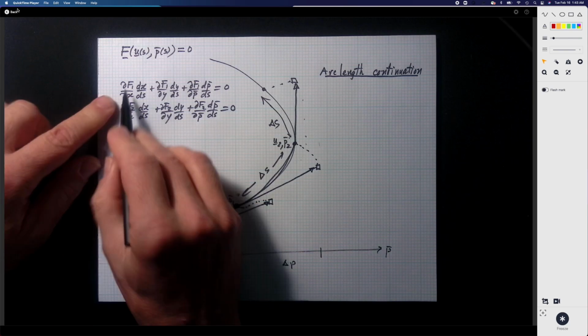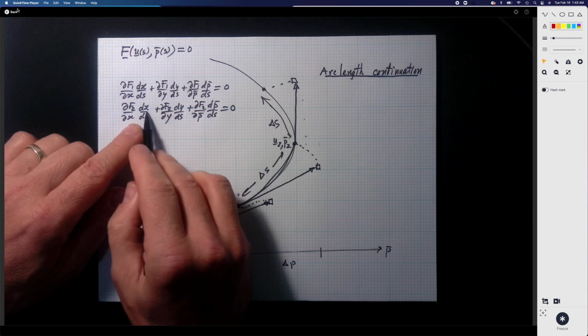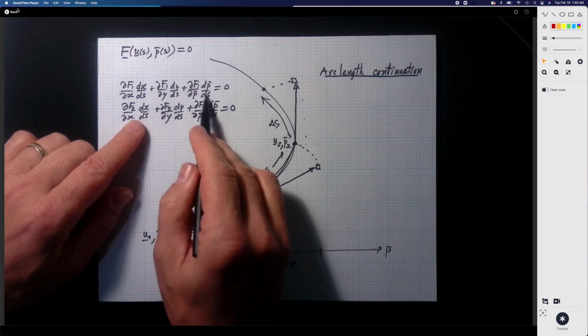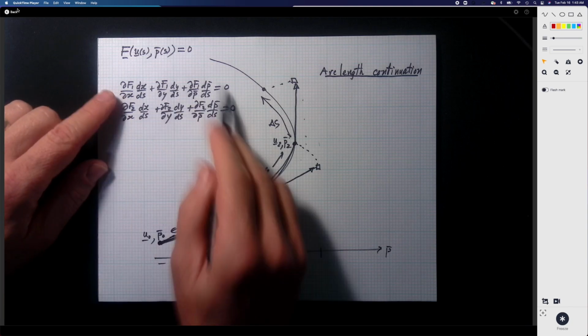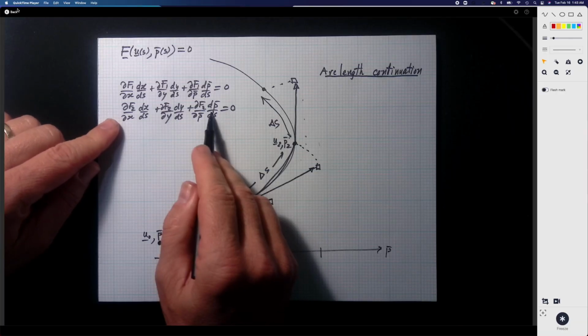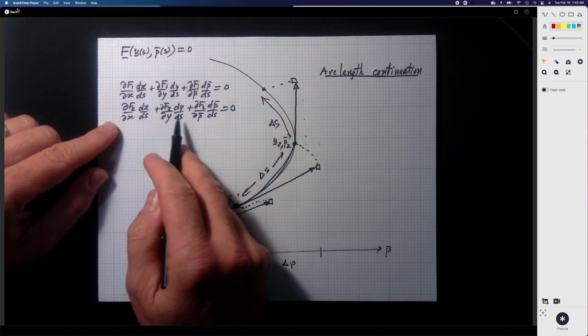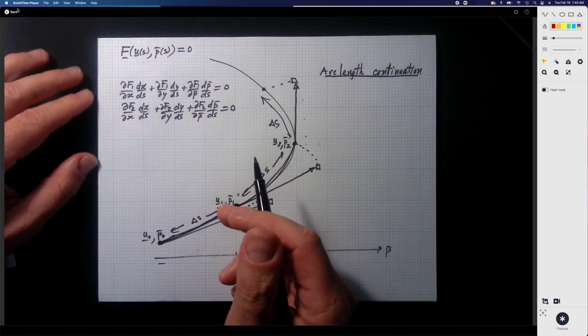And now the partial derivatives of f1 and f2 are all known. What's not known are these dx ds, dy ds, and dp bar ds. So for our particular problem, what we have is 2 equations and 3 unknowns. So there's going to be many solutions to this problem. It's underdetermined. And so we're free to add an extra condition.